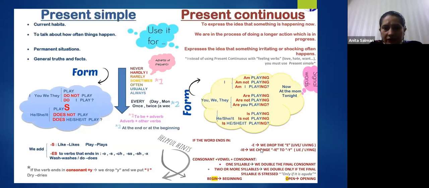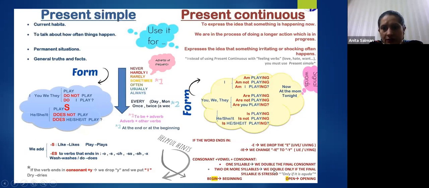If the word ends in E, we drop the E, like live, living. If the word ends in IE, we change IE to Y, like lie, lying, right? Consonant plus vowel plus consonant: one syllable, we double the final consonant.